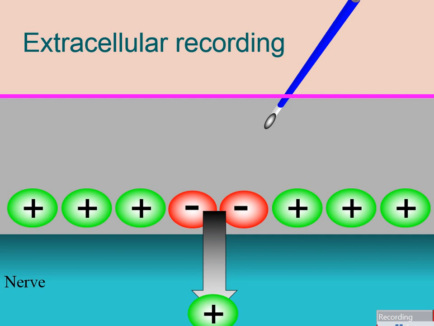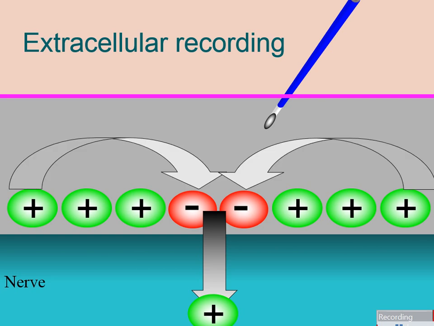So when a membrane depolarizes, when a sodium channel opens and sodium comes into the cell, we'll get a negative charge on the surface of the cell in that vicinity, because all of a sudden the positive ions have flowed into the cell, leaving the exterior relatively negative. Now, as we talked about when we were talking about capacitance, there's going to then be a flow of the positive ions from the surrounding area to that negative charge, because everything wants to equilibrate.